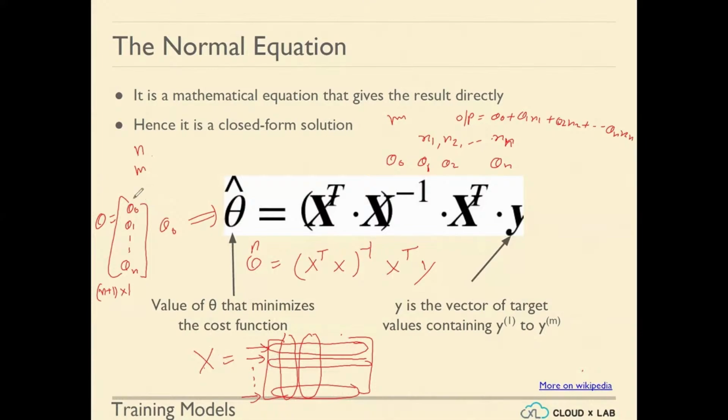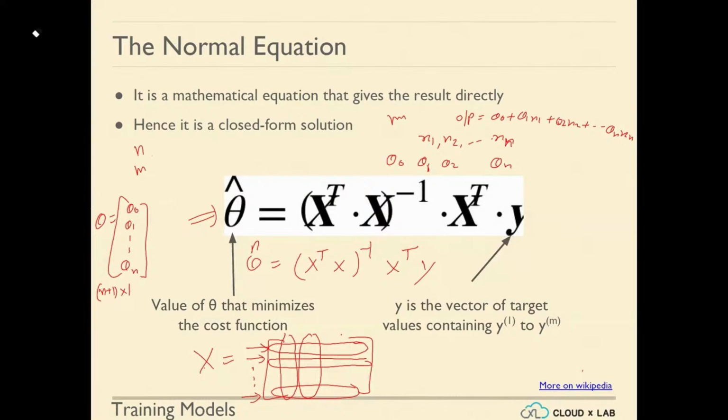But since we have one more extra term, the bias theta 0, we have to accommodate it. Directly I cannot use this X, because we have one more extra term theta 0.